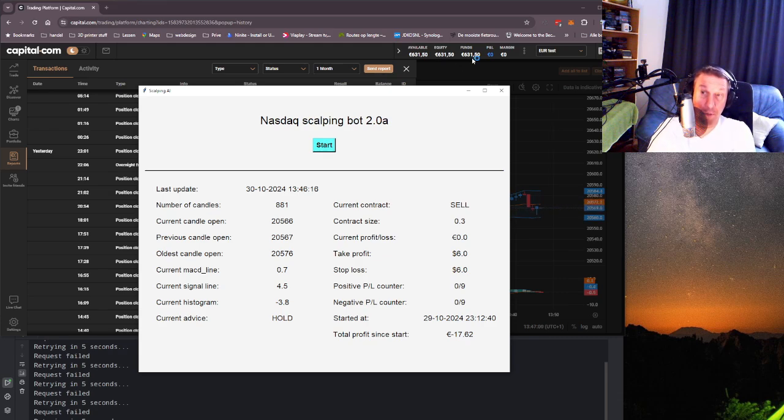It's a repair of 470. So if it really goes back up to the 1,000, then we know the bot works as it's supposed to, and we can go live with real money.